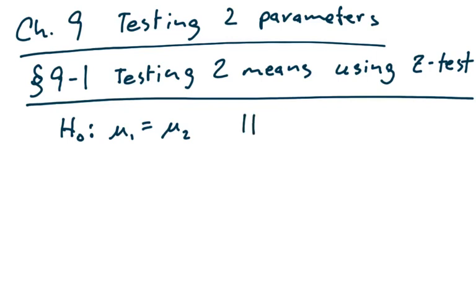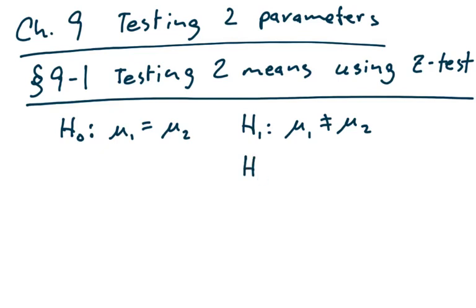And then for our alternative hypothesis, we're going to be saying something like this. Mu1 is not equal to mu2. That would give us a two-tailed hypothesis test.